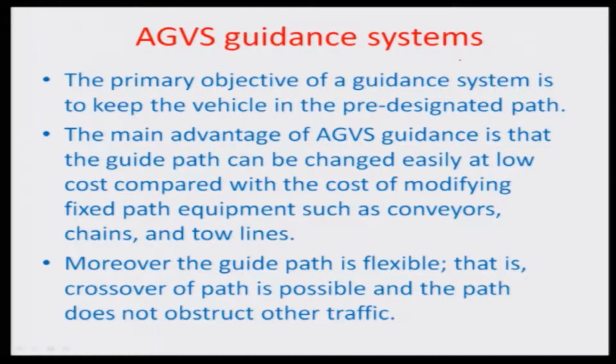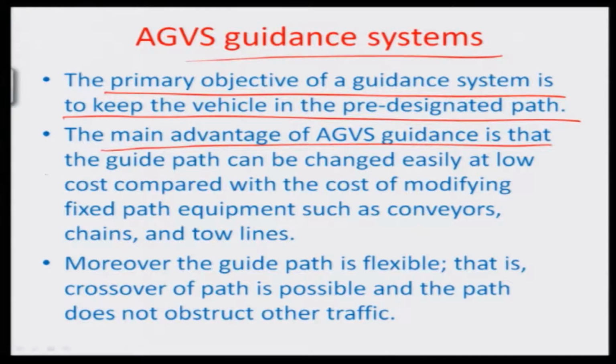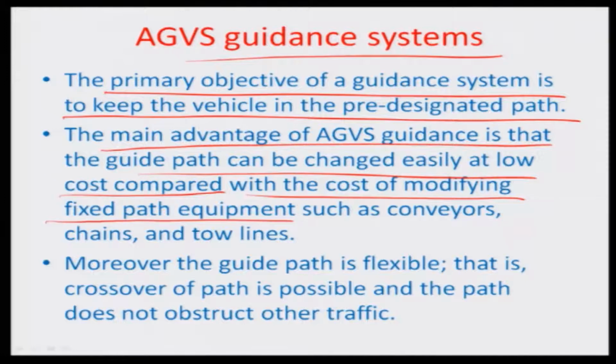Let us look at the guidance systems in an AGVS. The primary objective of a guidance system in an AGVS is to keep the vehicle on a pre-designed path or track, so that there is very little interference between two or more vehicles plying parallelly to different stations to meet their material requirements. The main advantage of AGVS guidance is that the guide path can be changed easily at low cost compared with the cost of modifying fixed path equipment such as conveyors, chains and tow lines.